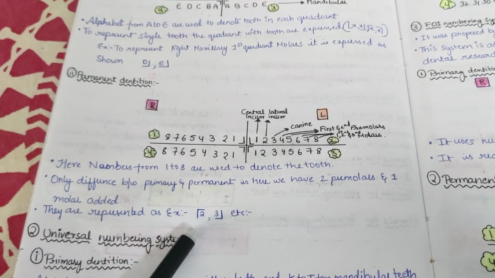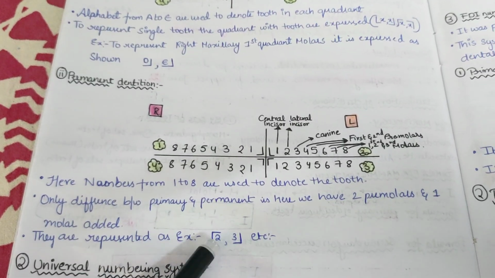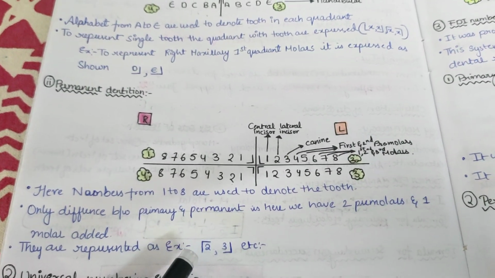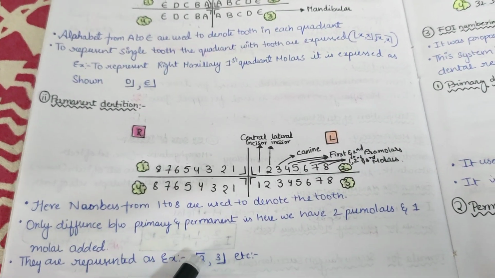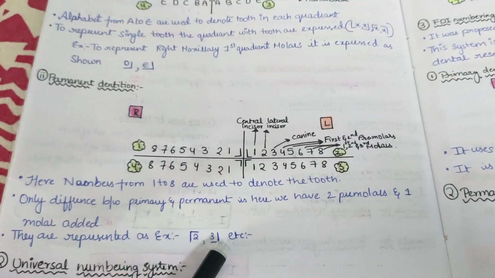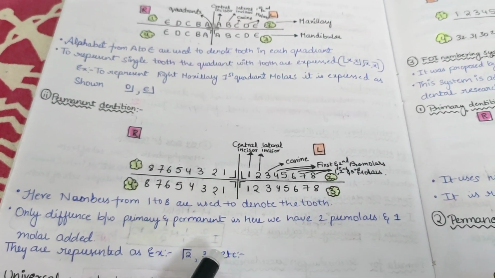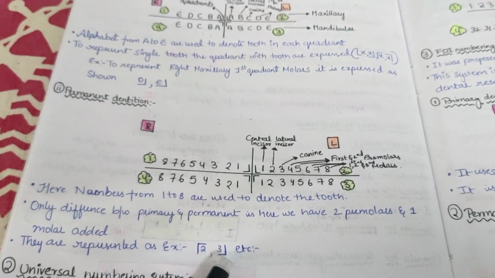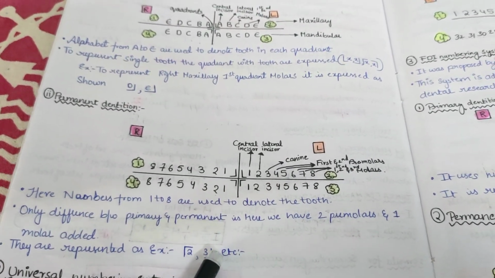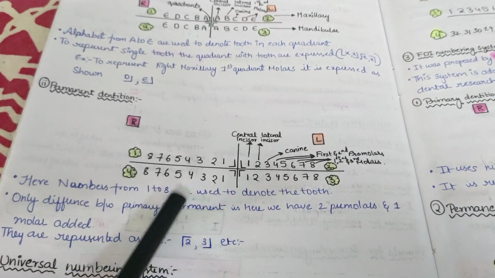So we have to represent it as left mandibular lateral incisor, and this is right maxillary first premolar, and for canine, right maxillary canine 3.